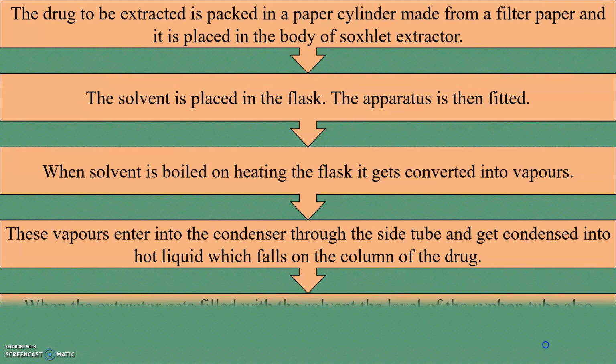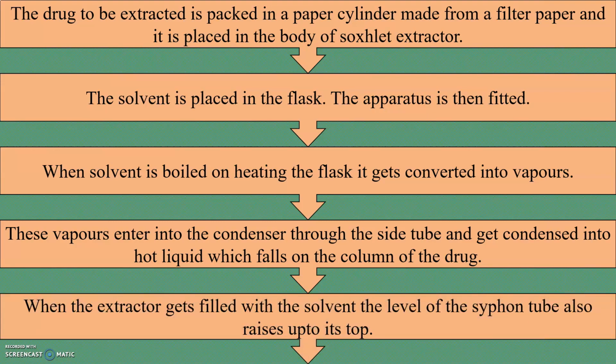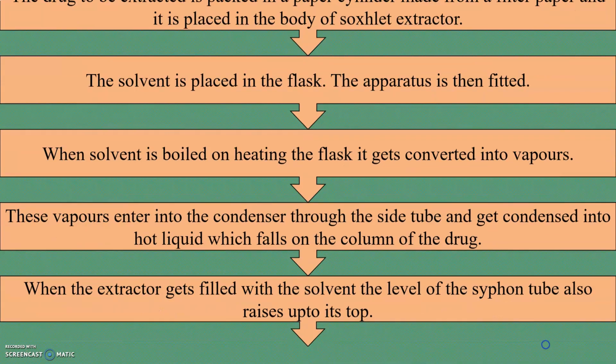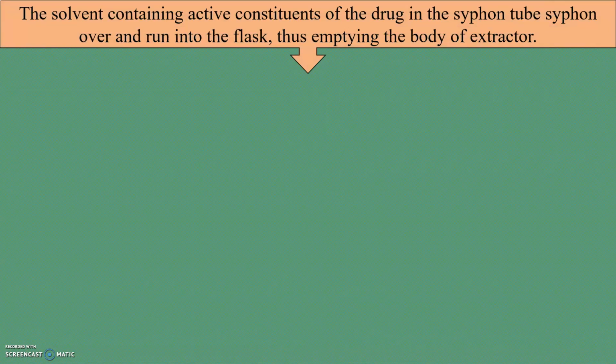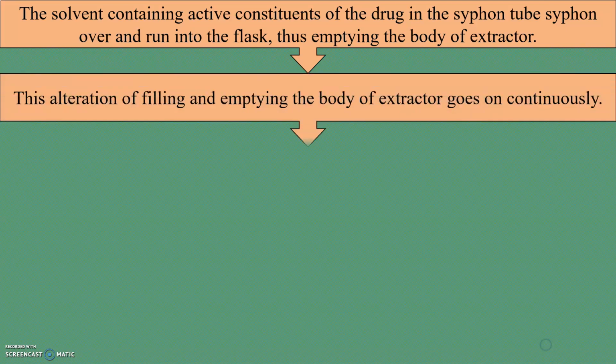column of the drug. When the extractor gets filled with the solvent, the level of siphon tube also raises up to its top. Then the solvent containing active constituents of the drug in the siphon tube siphons over and runs into the flask, thus emptying the body of extractor.